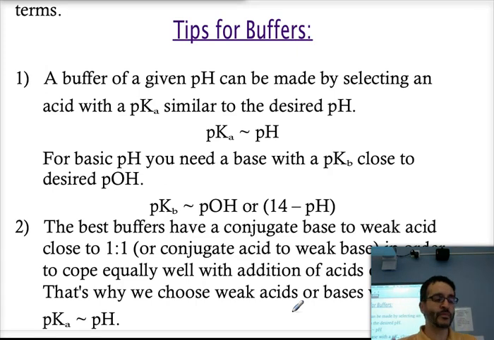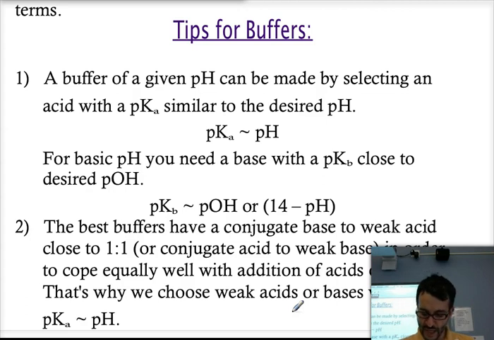So if I want a buffer that has a pH of 3, I would look into my acids and see which one has a pKa that is close to 3.